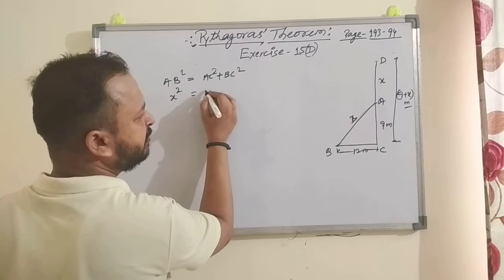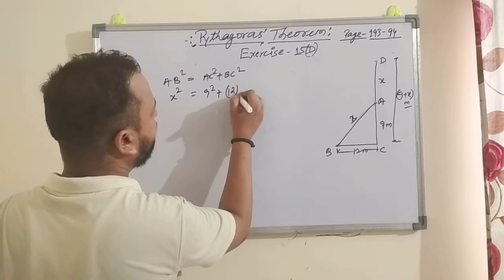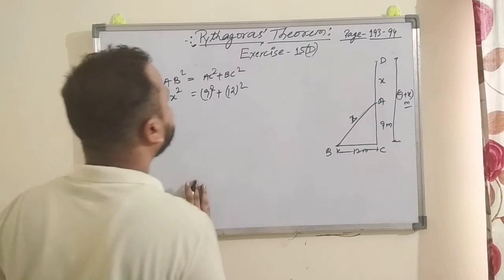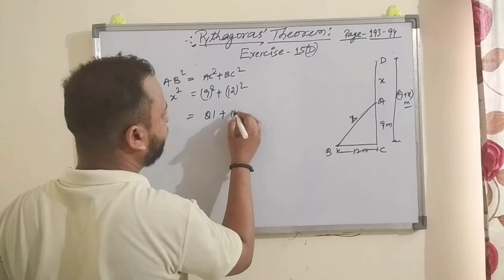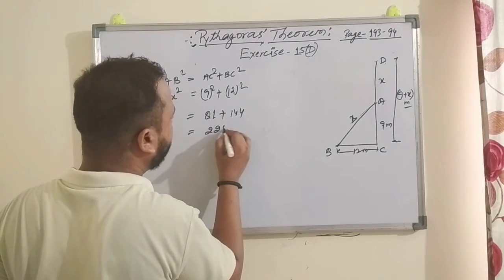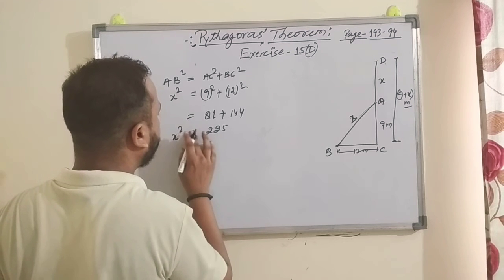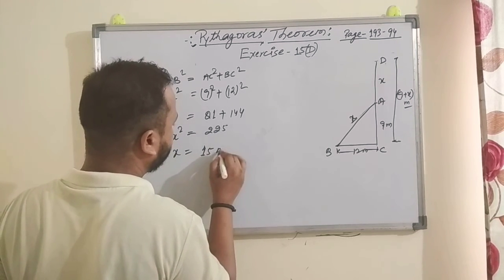So x square is equal to AC, which is 9 square, plus this is 12 square. 9 nines are 81 plus 144, right? This is 225. So x square is 225, so the value of x is 15.